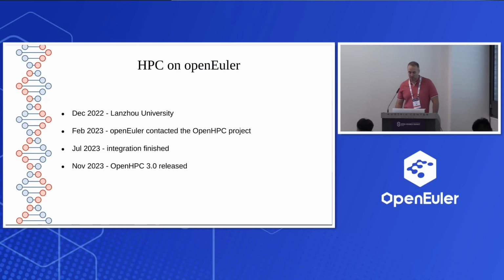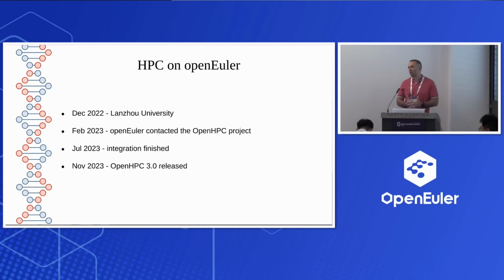It's February 2023. We discussed with them that we want to add support for openEuler to OpenHPC. The project approved our request and we started working. In the next several months, we worked on adding support for different kind of HPC related software on openEuler.